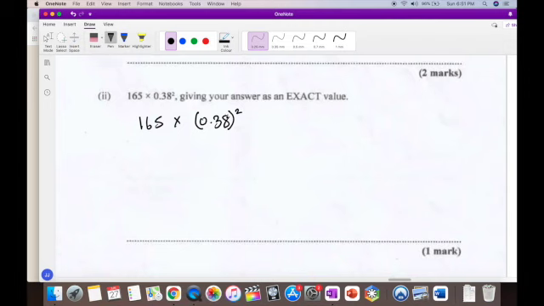No, it's 0.38 squared. So when I do that, the exact answer being 23.826.